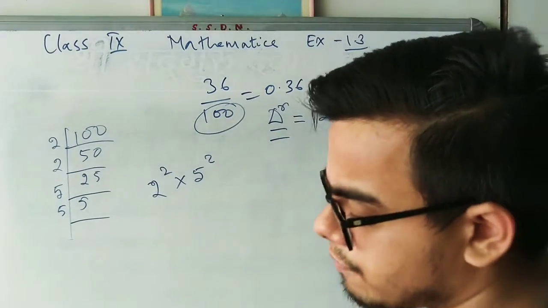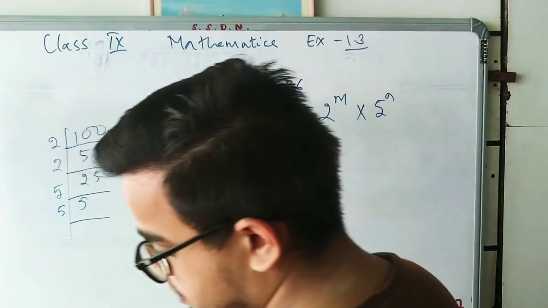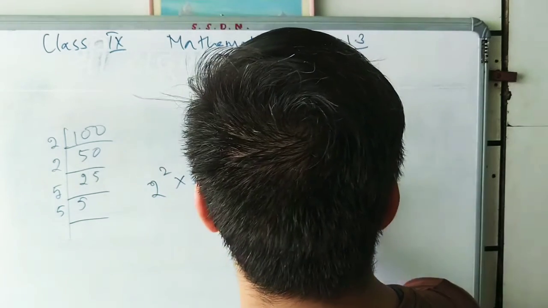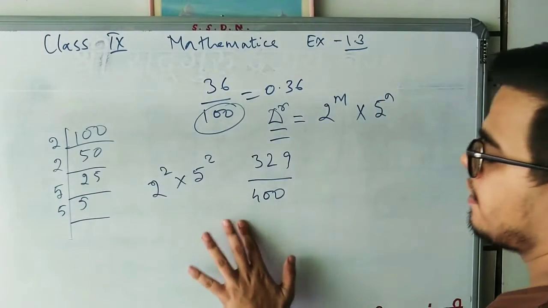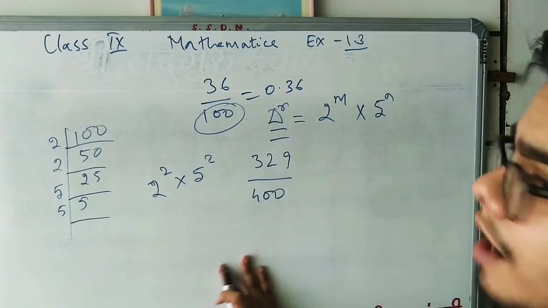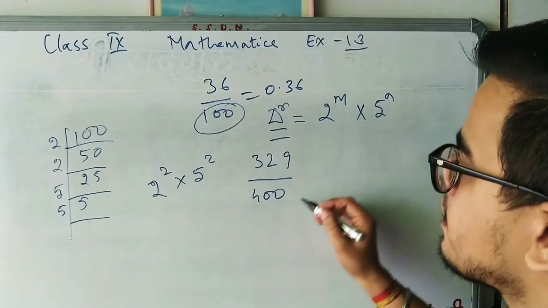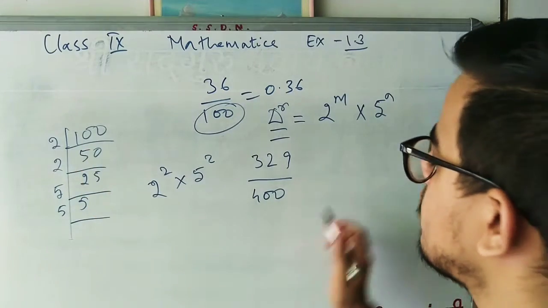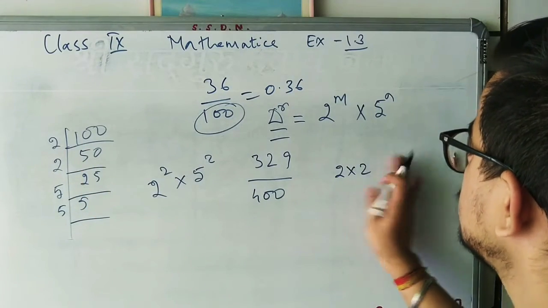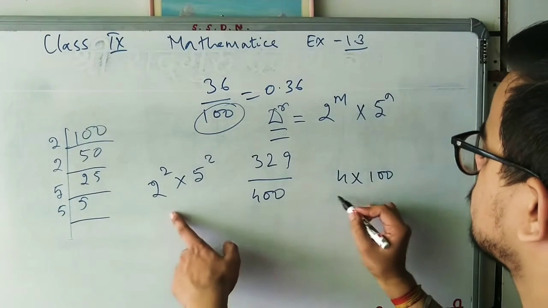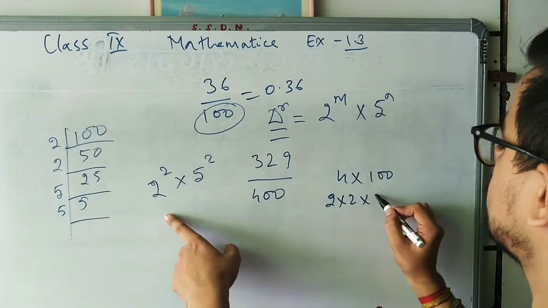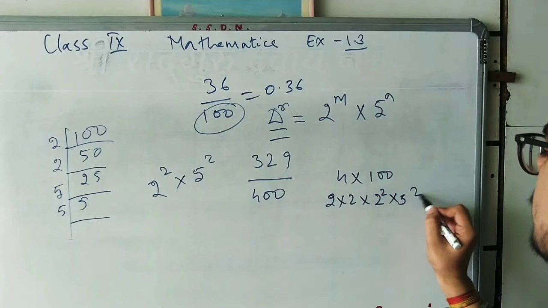We have one more question, question number 6. It is 329 upon 400. Without dividing, how could you tell? On factorizing, 400 is 4 into 100, so it is 2 into 2 into 2 raised to the power 2, 5 raised to the power 2.